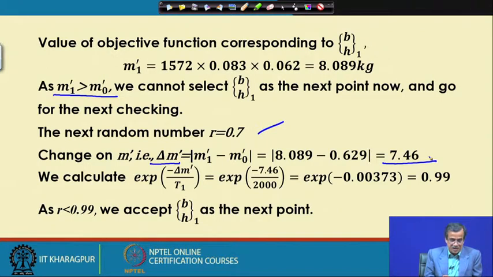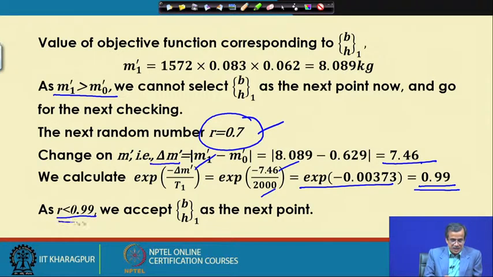Now, we calculate exponential of minus delta m prime by t 1, that is exponential of minus 7.46 divided by t 1, which is 2000, and if you calculate this, it becomes equal to 0.99. Now, this random number r is found to be less than 0.99.